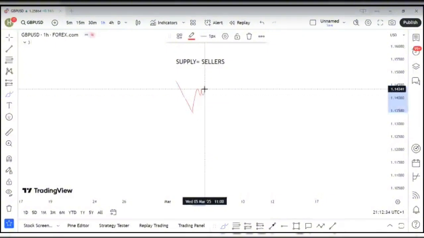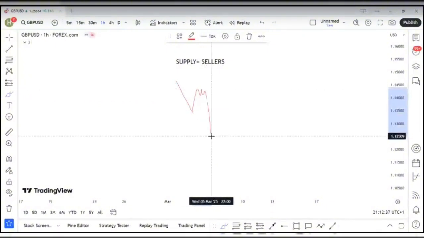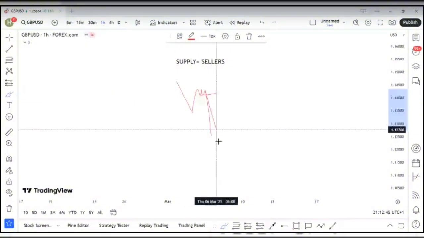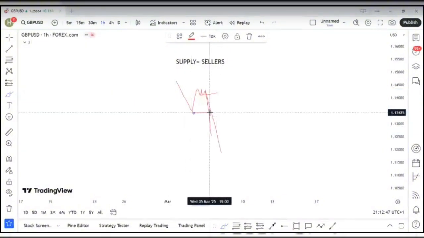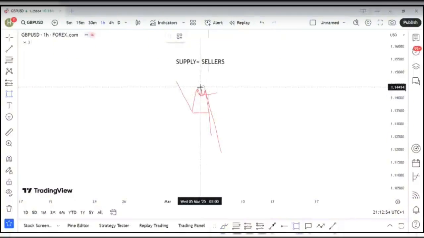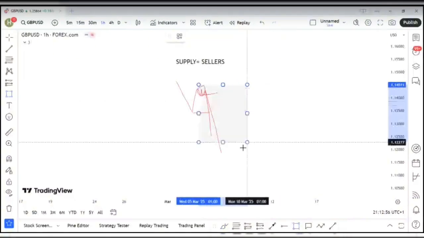Then the sellers push price, breaking out from this small range and pushing price lower to break the previous low. So this zone, the price range, is our supply zone.